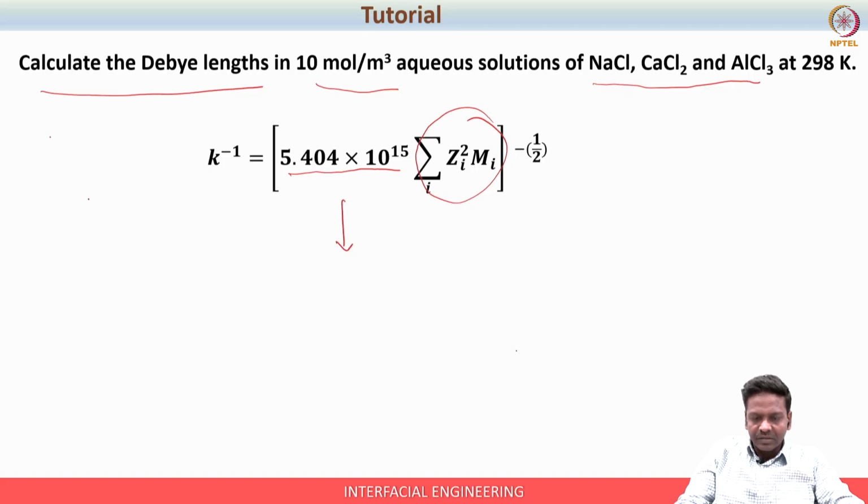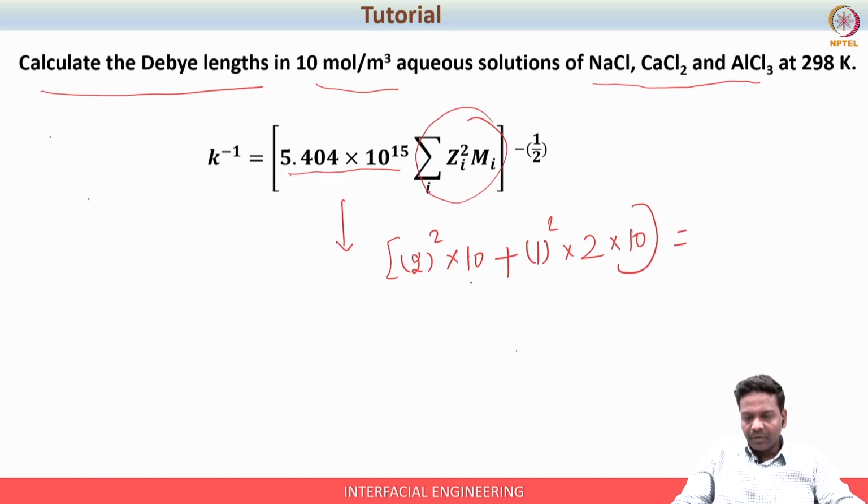When you expand this, the valence of calcium is 2, so that is 2 square multiplied by Mi, which is 10 moles per meter cube, plus the valence of chlorine, which is 1 square, but remember we have 2 chlorine atoms here, so you have to multiply with 2, and the molarity is 10 moles per meter cube. If I simply sum this, I get 40 plus 20, that is 60.